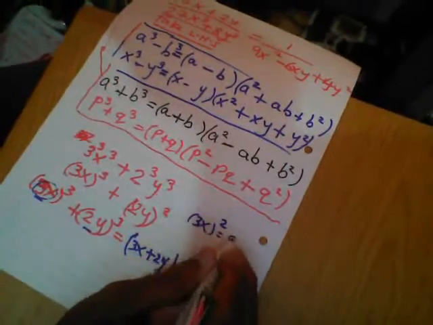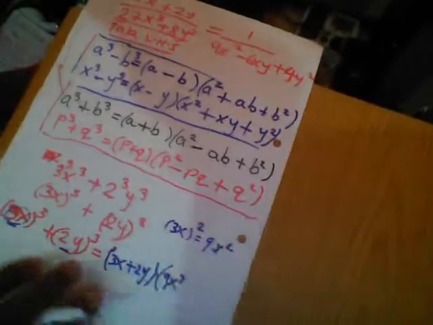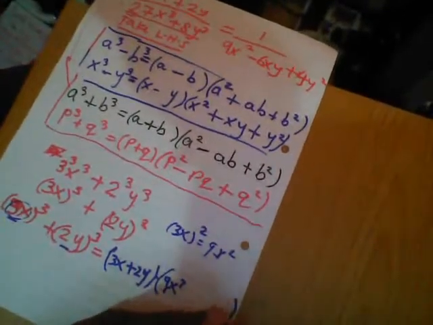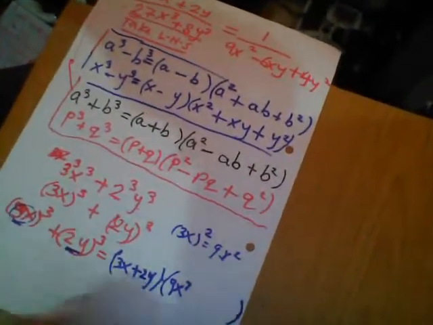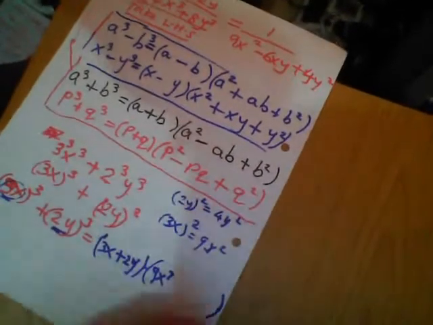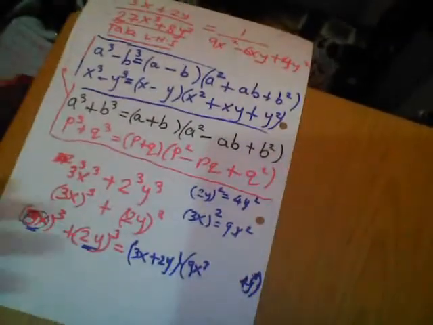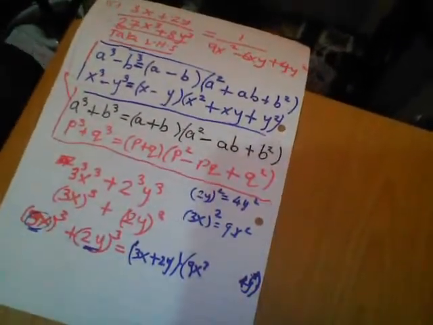And how do you say it? We take the first one, we square. 3x squared is going to be 9x squared. Or you can do it aside, 3x, and then you square. 3 squared is 9, x squared is x squared, so it's going to be 9x squared.